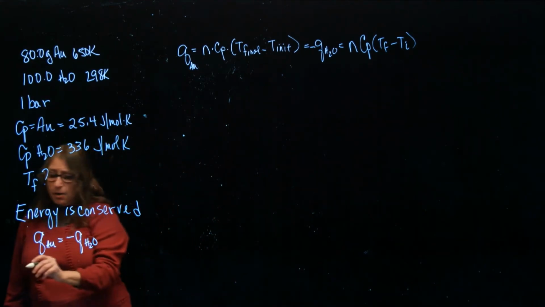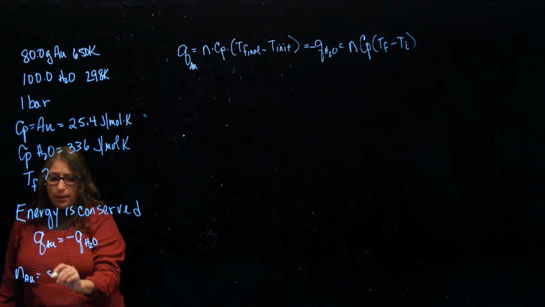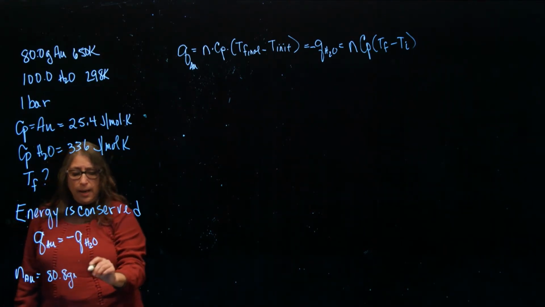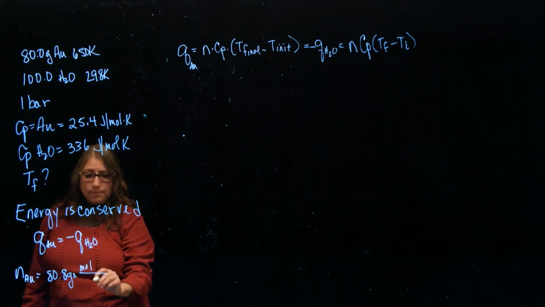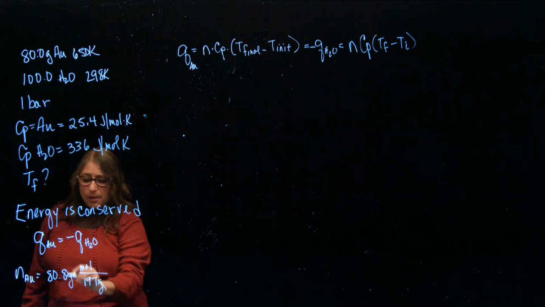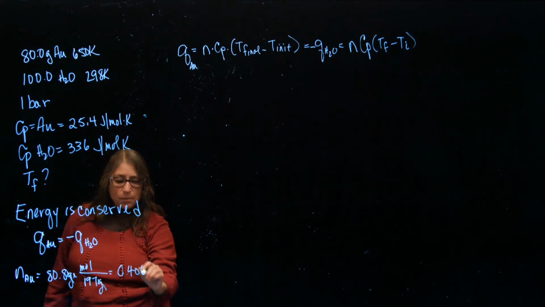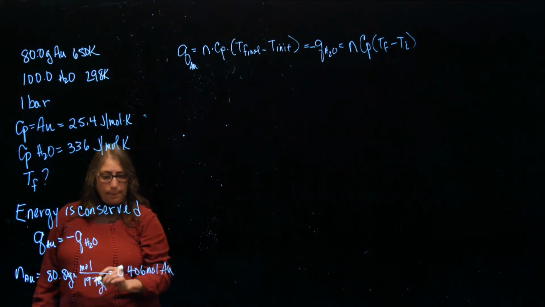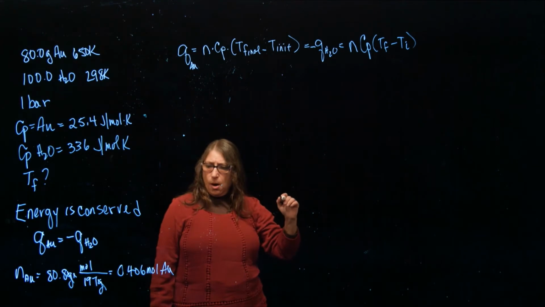And so I'm going to come back over here and look at the moles of gold. I know that I have 80.8 grams of gold, and the molar mass, looking it up on the periodic table, is 197 grams. The grams cancel, and so I discover that I have 0.406 moles of gold. And, oh, I need to scribble the moles of water.